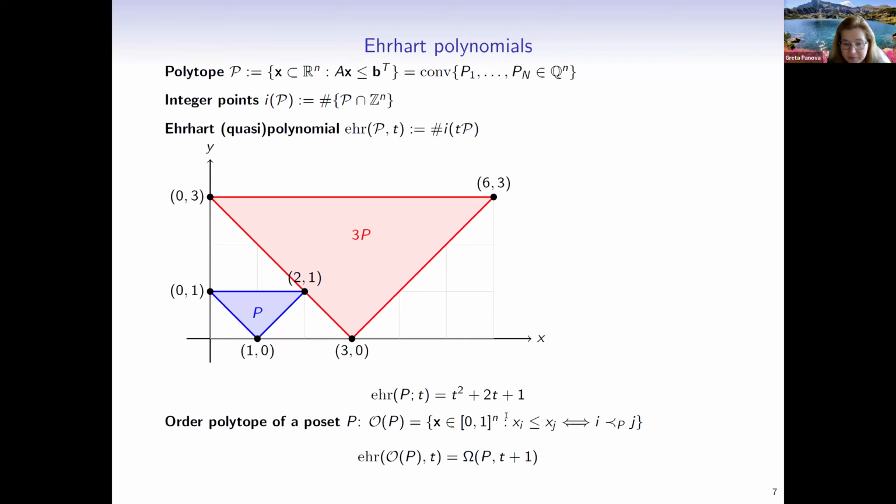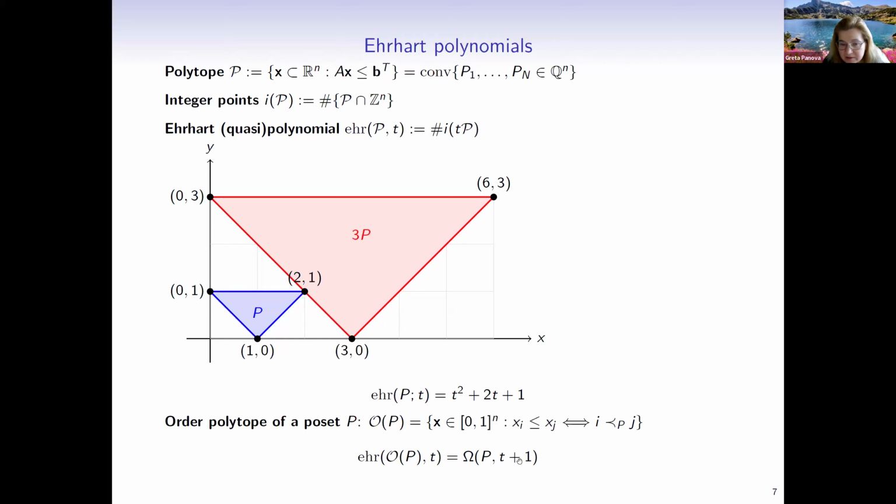So for every partially ordered set, you can create this polytope, and it turns out that the Ehrhart polynomial of this poset, the number of integer points when you dilate by t, is the order polynomial evaluated at t plus 1.